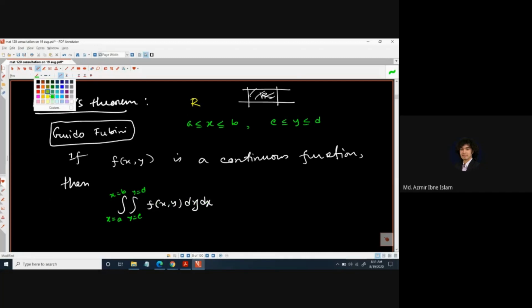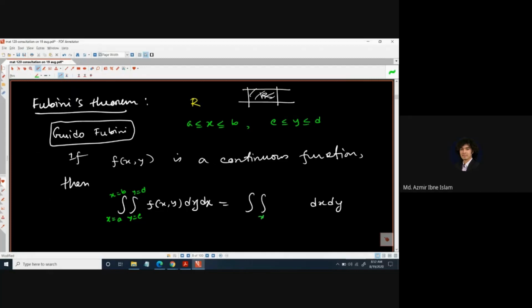Mathematician Fubini says that if you have a rectangular region, then we can change the order. That means instead of dy dx, we will get the same result if we take dx dy. So this time x comes first.